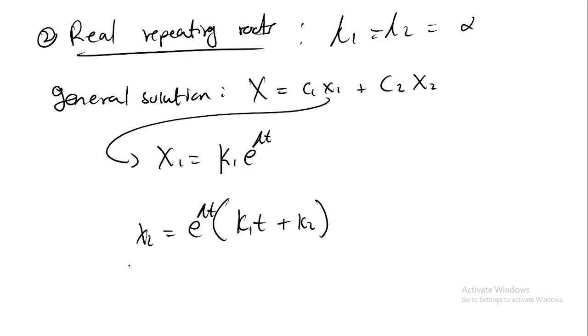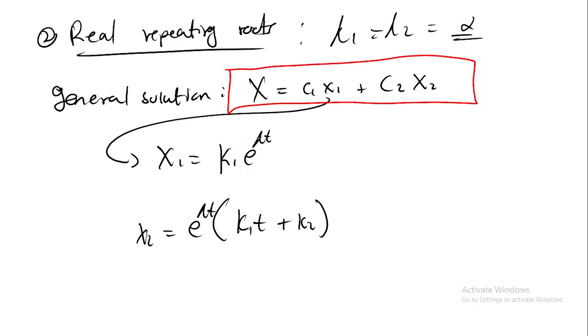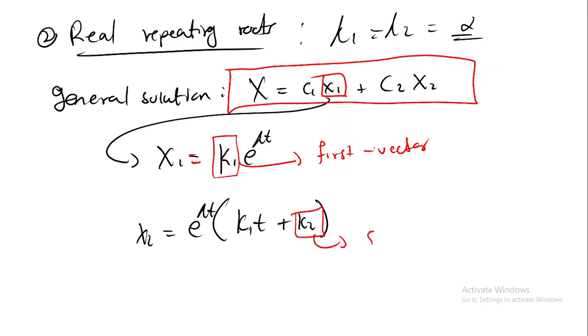To explain this, when you have real repeating roots, lambda 1 equals lambda 2 and they are all equal to alpha. The general solution is x equals c1 x1 plus c2 x2, whereby x1 is k1 e to the exponent lambda t, and this k1 is what we call the first vector, and k2 is what we call the second vector.